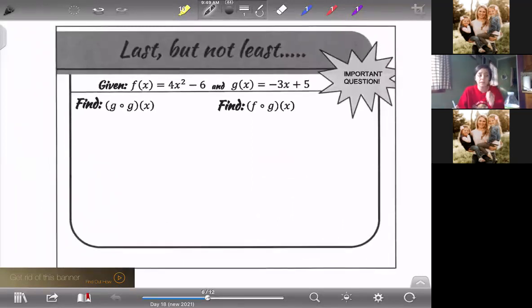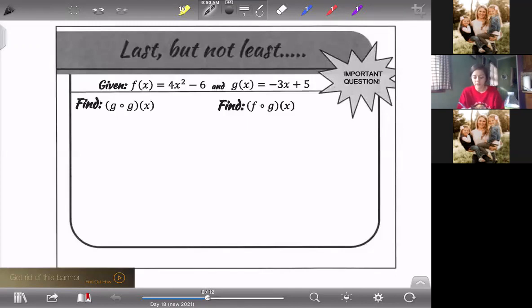All right, last but not least, this is an updated version. So some of you who are working online might not have this version. So here we're given two new functions. We're given f of x and we're given g of x. First question, we're asked to find g of g of x.